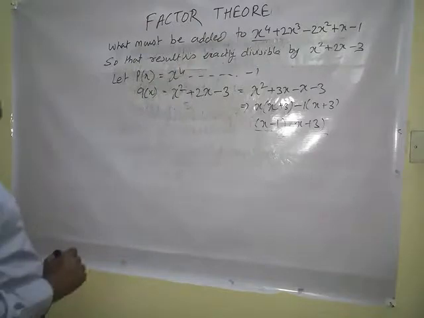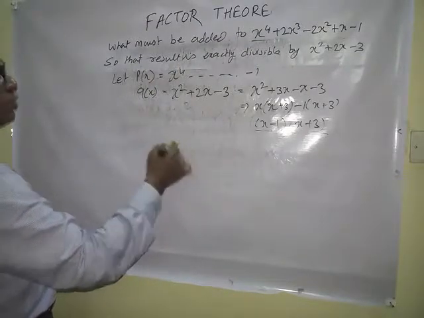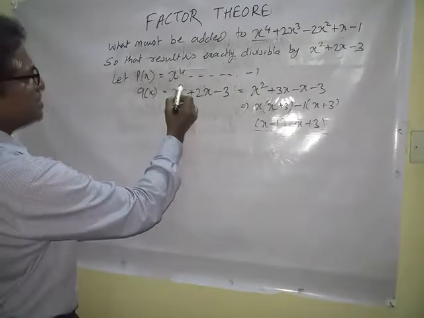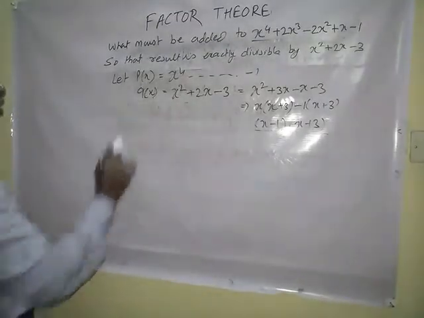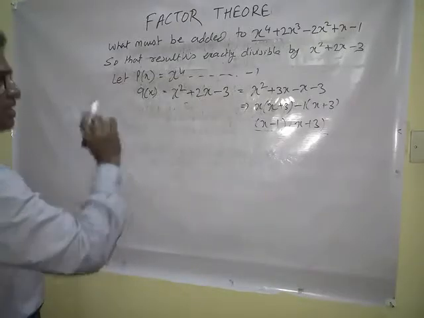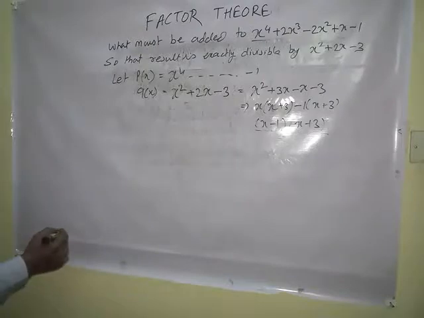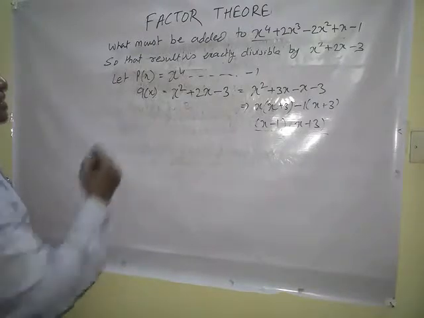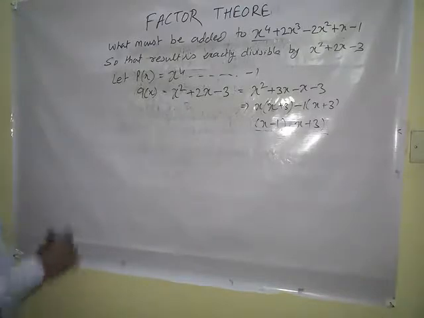Now what should be added? Here you have to remember, since the divisor is of degree 2, then the remainder will have degree 1. If the divisor is of degree 3, then the remainder will be of degree 2.